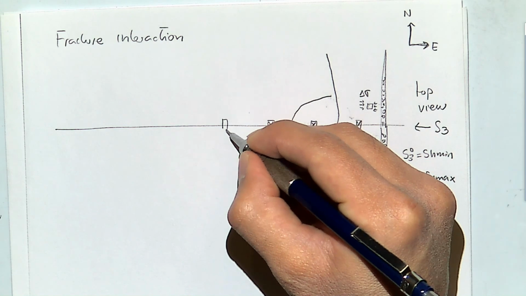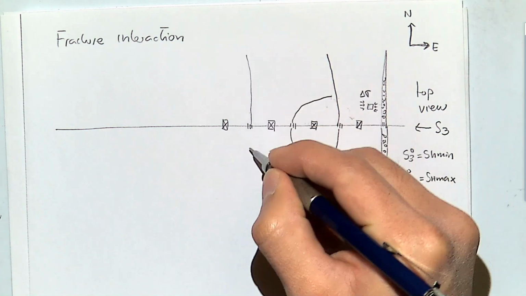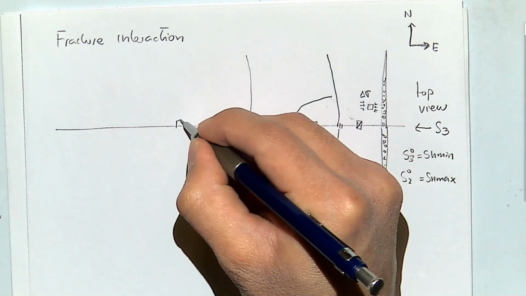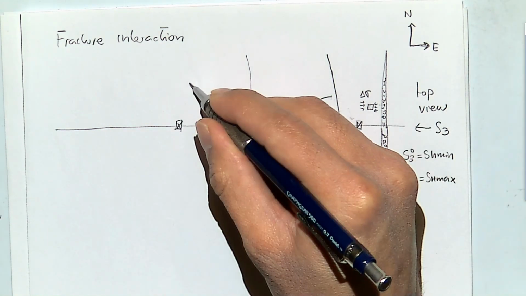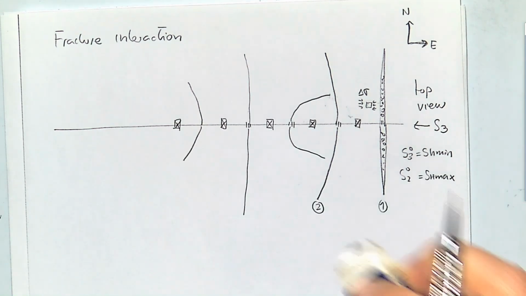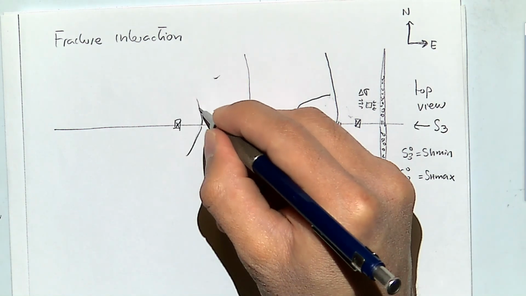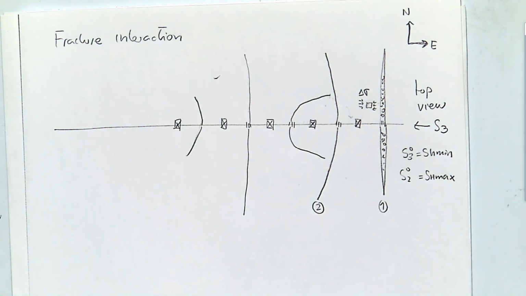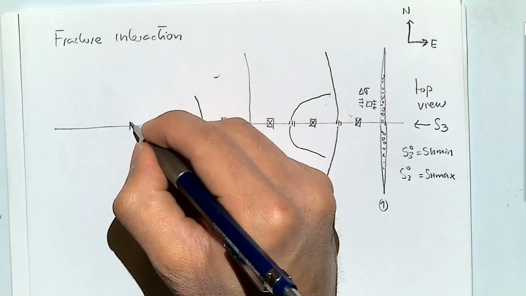And let's continue. Let's put another one over here. Probably this one will grow a little bit better than before. But if the effects are too high, if the fracture distance is too close, sometimes you can also have these fractures grow just a very short distance, and that's also not going to be good.